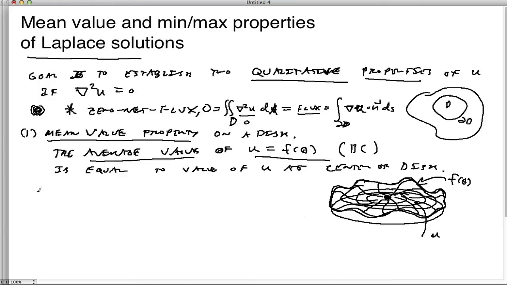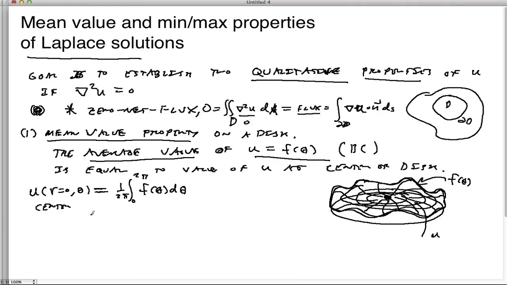We can express that mathematically as, here's the center, and that's going to be r equal to 0. It has to equal the average value of the outer edge, which is 1 over 2 pi, integral from 0 to 2 pi, f of theta, d theta.